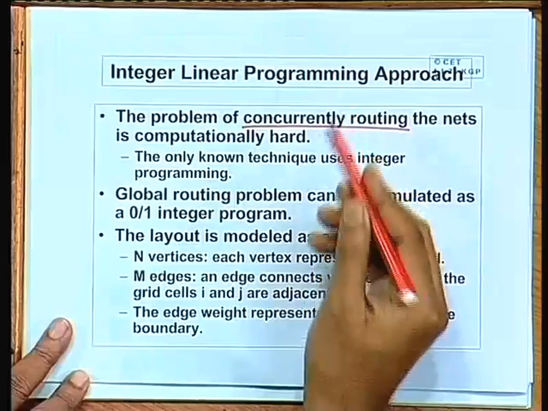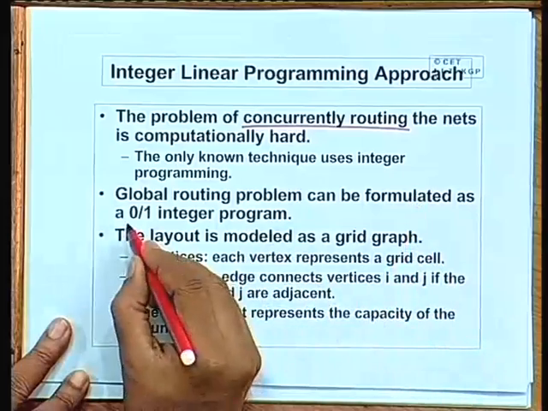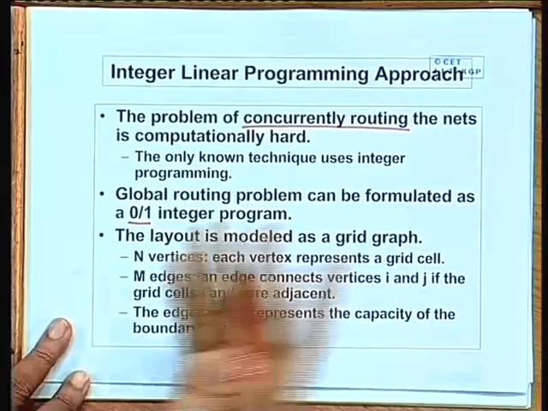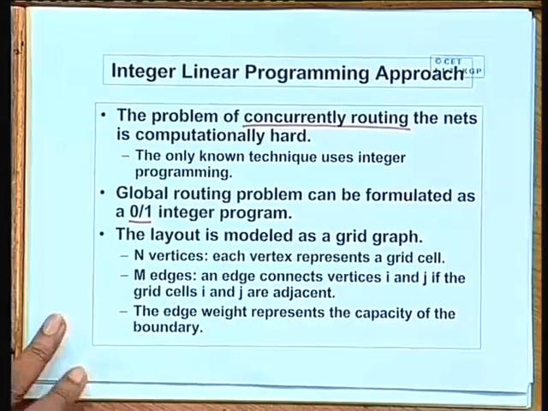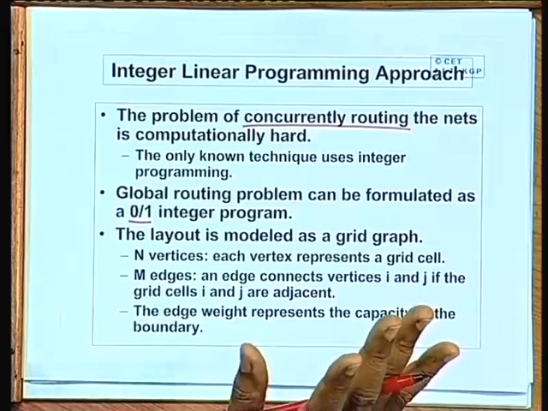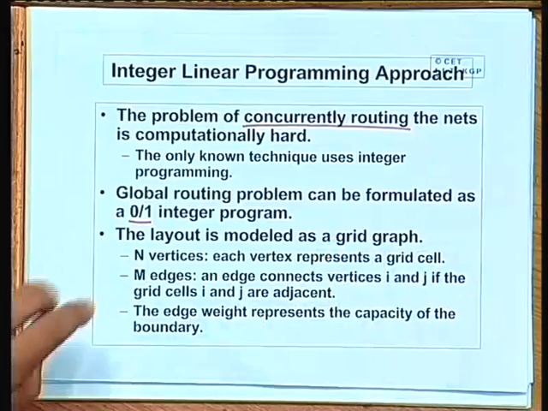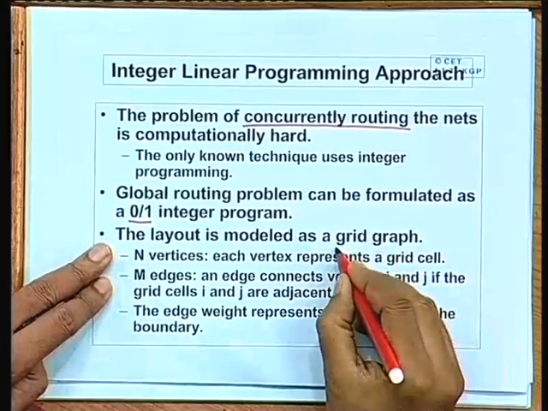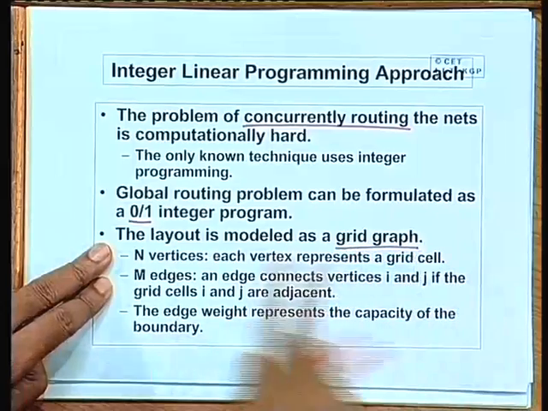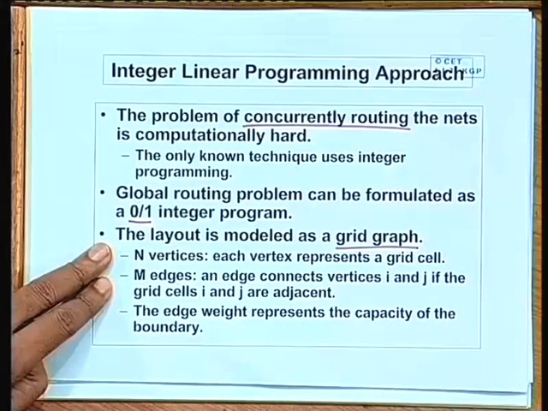As I mentioned, this will be framed as an integer linear program, in fact a 0-1 integer program, where the variables will have only 0 and 1 values. Now certain assumptions are here. Number one is that you are modeling this as a grid graph, that is why the size of the graph is pretty large. So if it is a big problem, you cannot handle this.